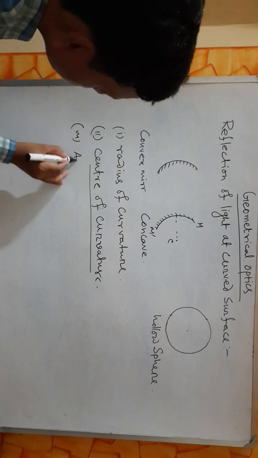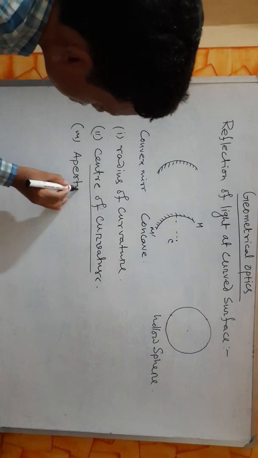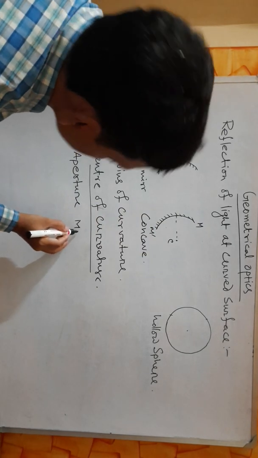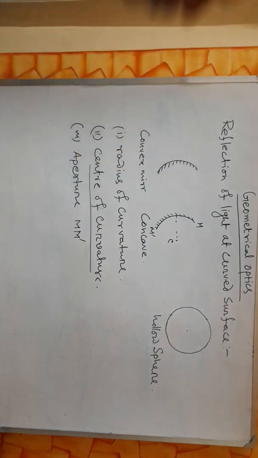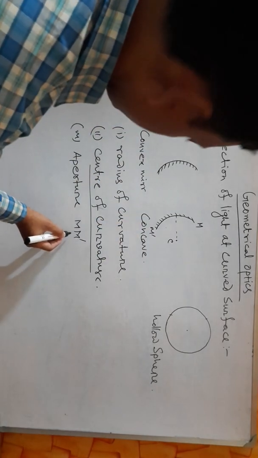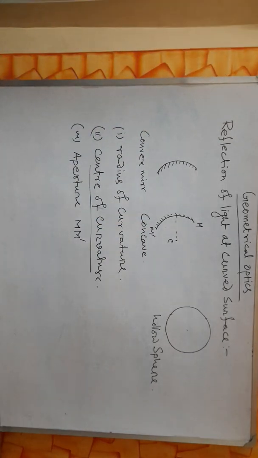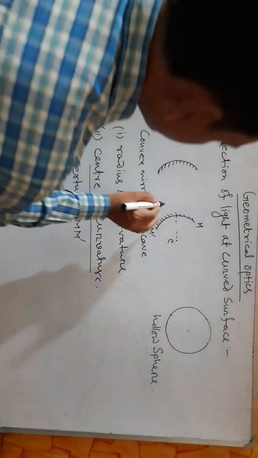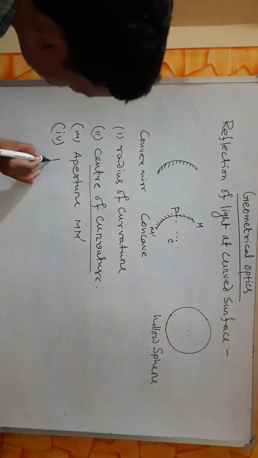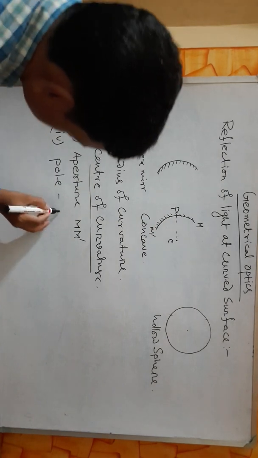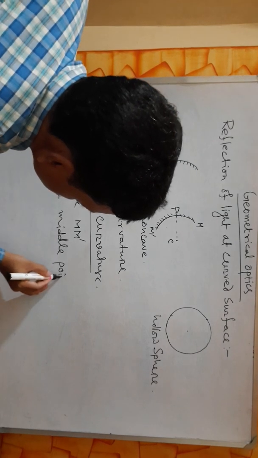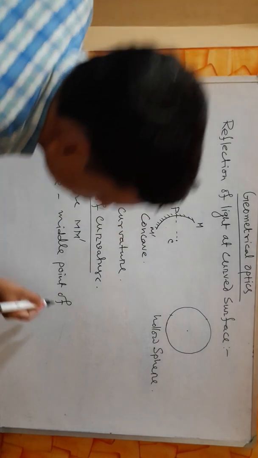Third, aperture is the length of the mirror, that is, the prime is the aperture. And the pole is the middle point of the spherical mirror.